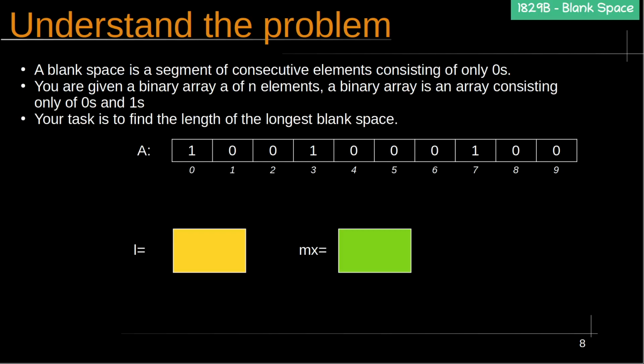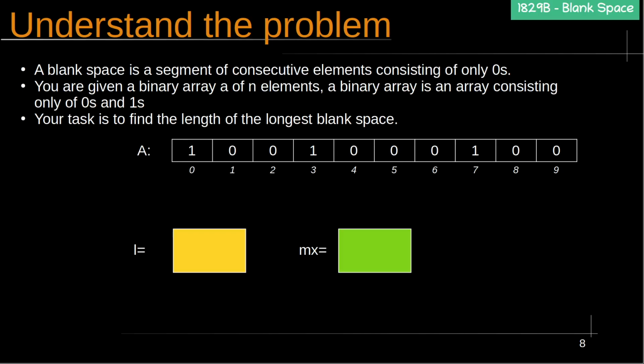A binary array is an array consisting only of zeros and ones. Our task is to find the length of the longest blank space. In this problem, we are going to manipulate a one-dimensional array. Let's take this example to understand the logic behind the solution.